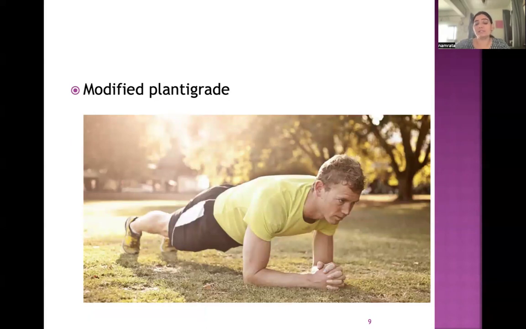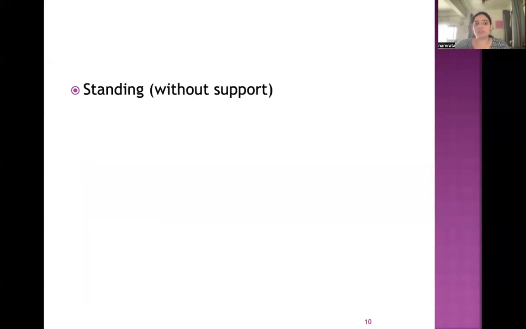Plank is very difficult to do. Many patients cannot do plank, but if it is comfortable, you can make your patient do plank. I personally think that if a patient can do plank, he surely can walk. If a patient cannot walk properly, it will be difficult for them to perform this plank also.